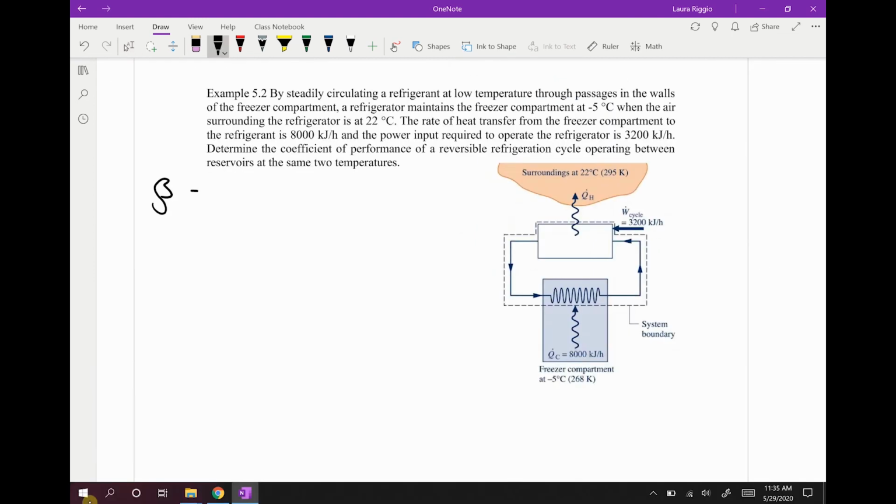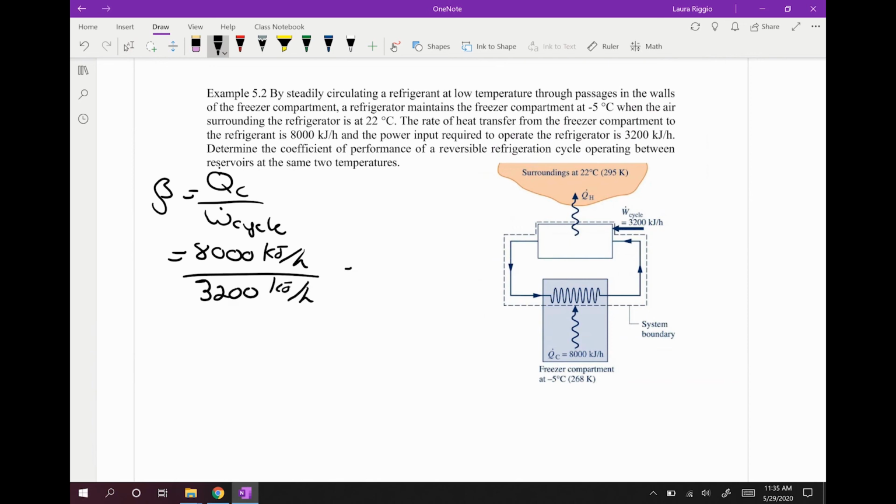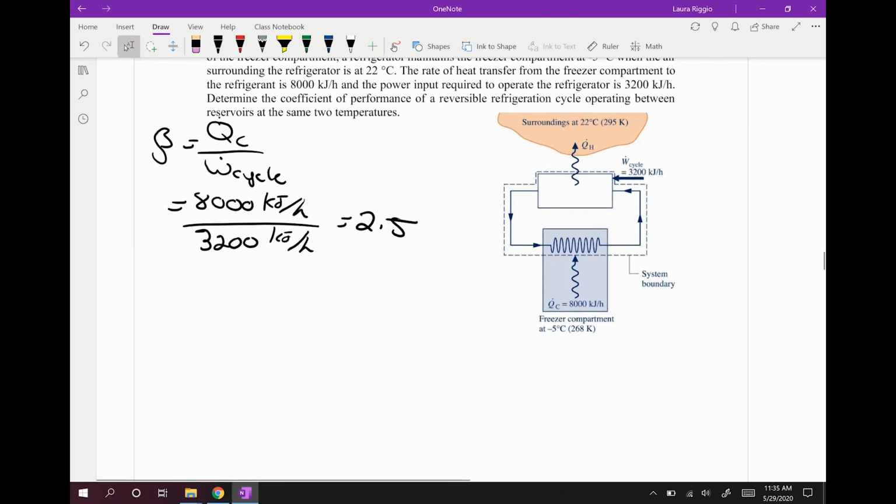So our coefficient of performance is our QC over our W cycle, which is our 8,000 kilojoules per hour over our 3,200 kilojoules per hour, which is a coefficient of performance of 2.5.